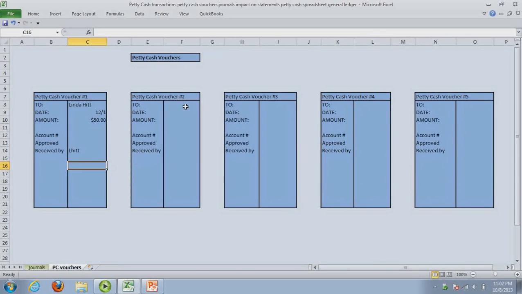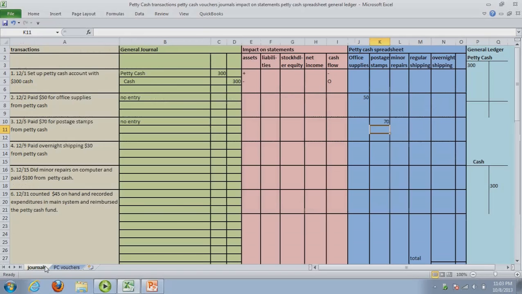So if we're paying the post office, it would go to the post office. The date for this particular payment is December 5th, and the amount that we paid out looks like $70. And again, we have the other information filled out.